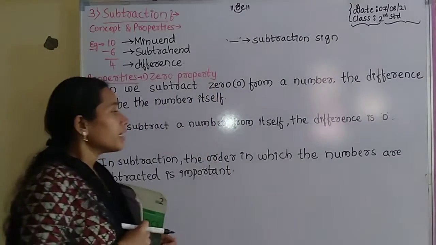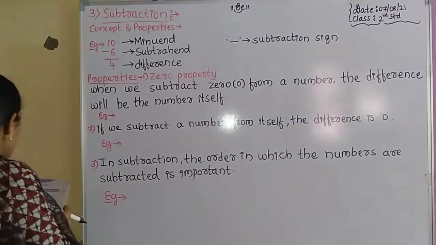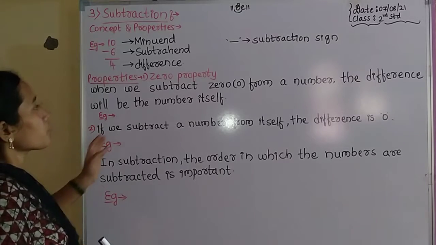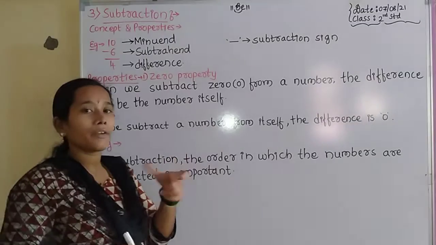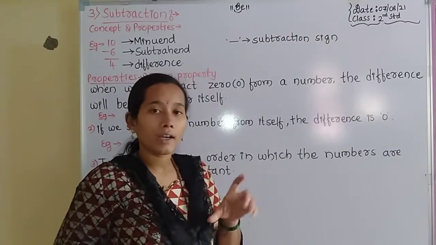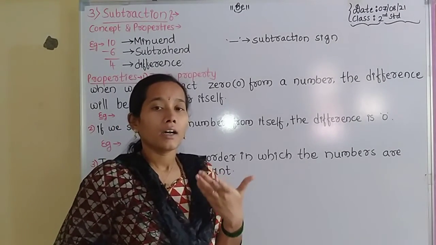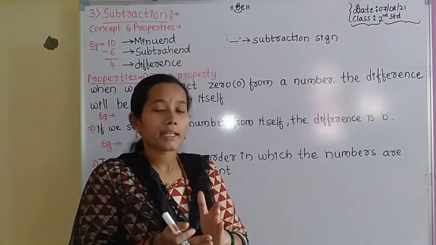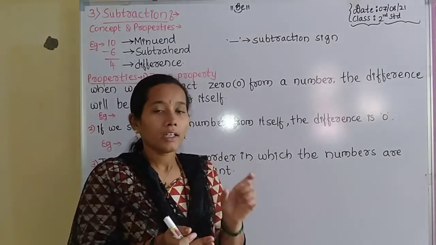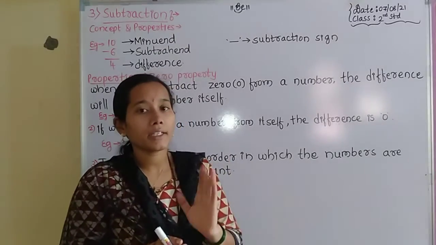See here, the main property of subtraction is here also the zero property. But in addition, in any way we can add the addends. But here, only in one way we have to subtract the given subtrahend from the minuend to get the difference.